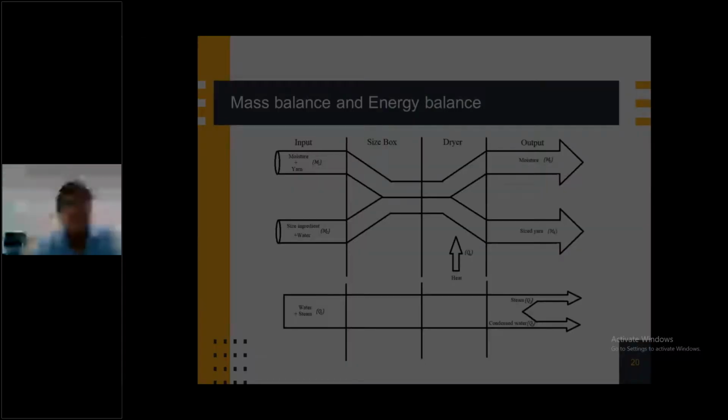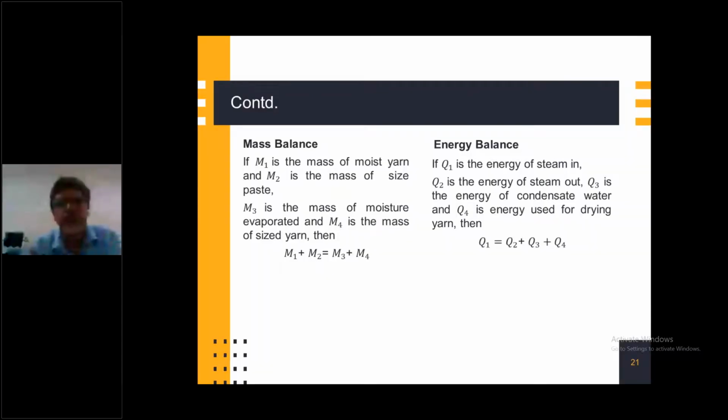So it's a mass balance of M1 plus M2 going to M3 plus M4, with M1 and M2 having a lot of textile and machine process parameters, and M3 and M4 also. Similarly, in the energy balance, Q1 we are supplying, Q2 is for heating and drying the wet yarn, and Q4 is the exhaust from there. So that's the energy balance equation. We can treat this machine in a slightly different way compared to that.